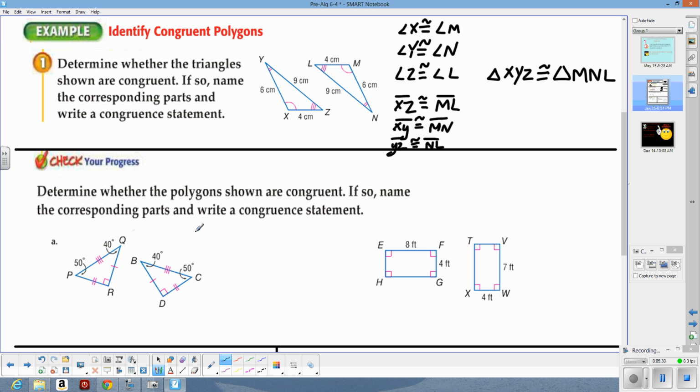If you're going to list all the corresponding parts, we would start out by saying angle P is congruent to angle C. Angle Q is congruent to angle B. And angle R is going to be congruent to angle D.